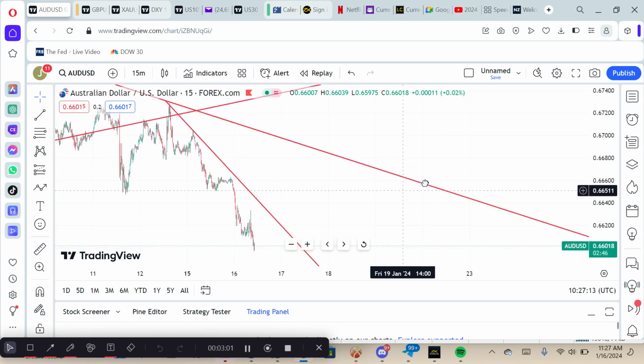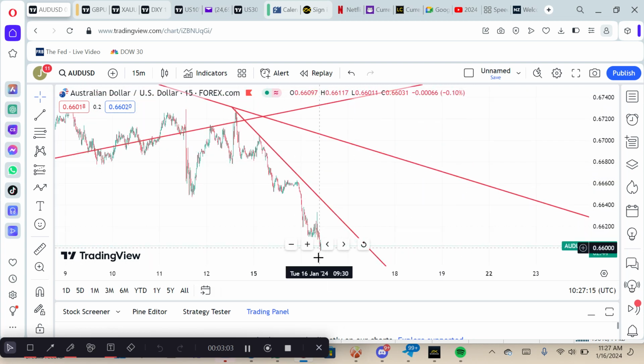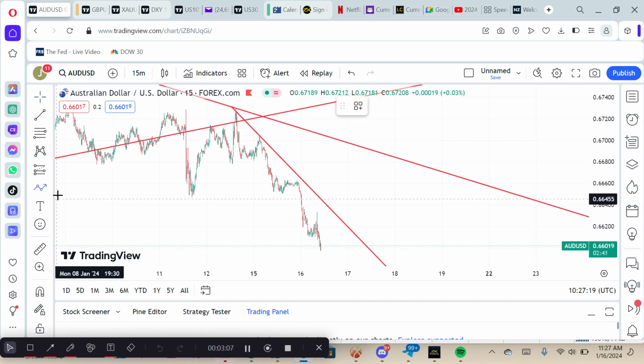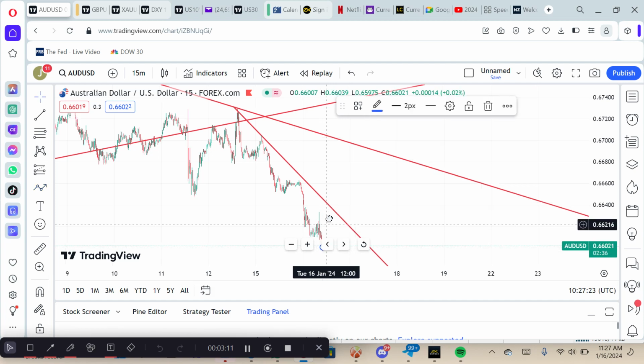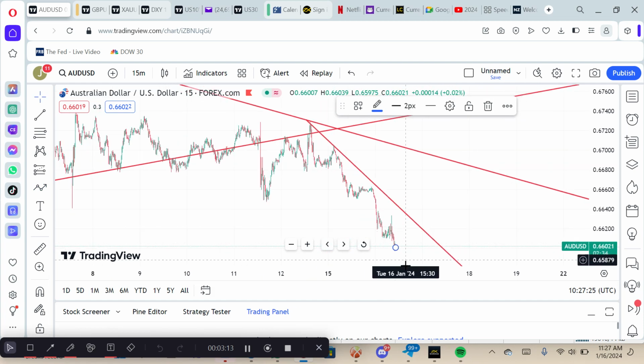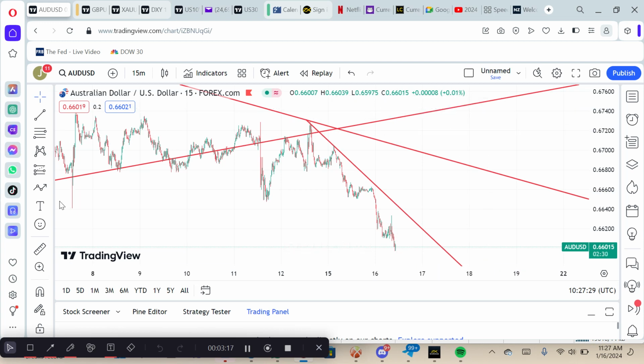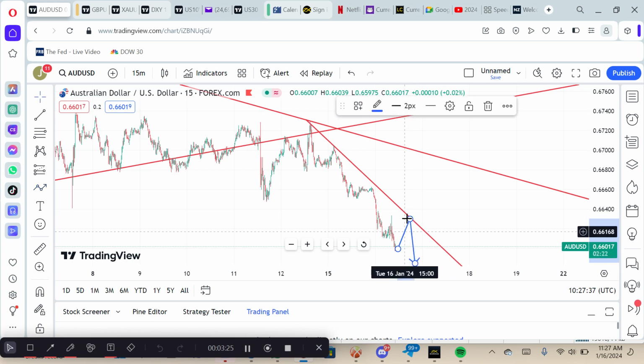For you to join this sell again now, you have to wait and allow this to do a pullback, and then you join the sell from here.